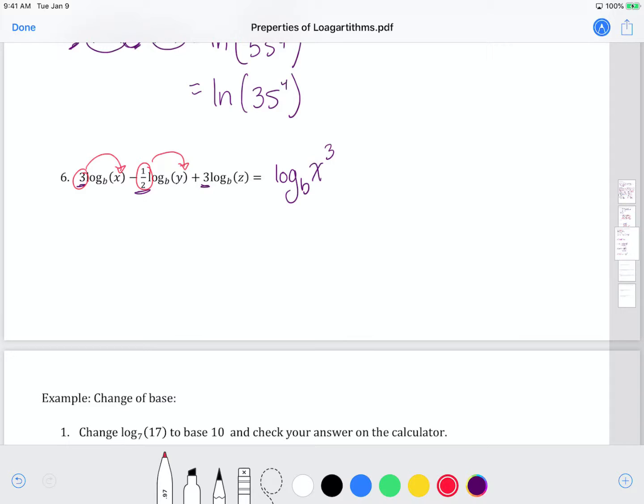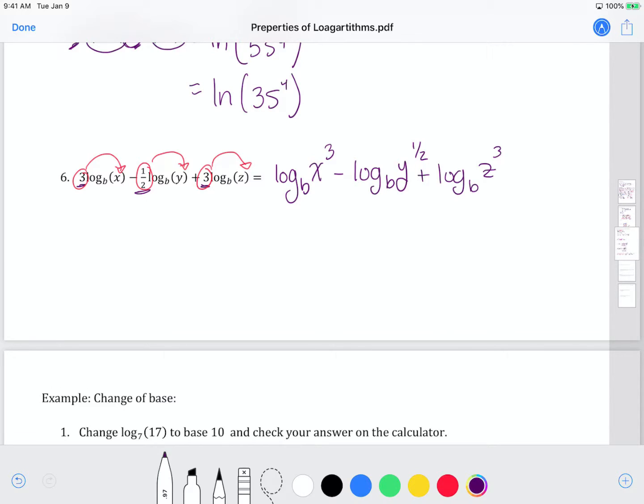I'm bringing it up as the exponent, and then I'm going to bring up the 3 as the exponent for the z. So that gives me minus log base b y to the 1/2 plus log base b z to the 3rd.